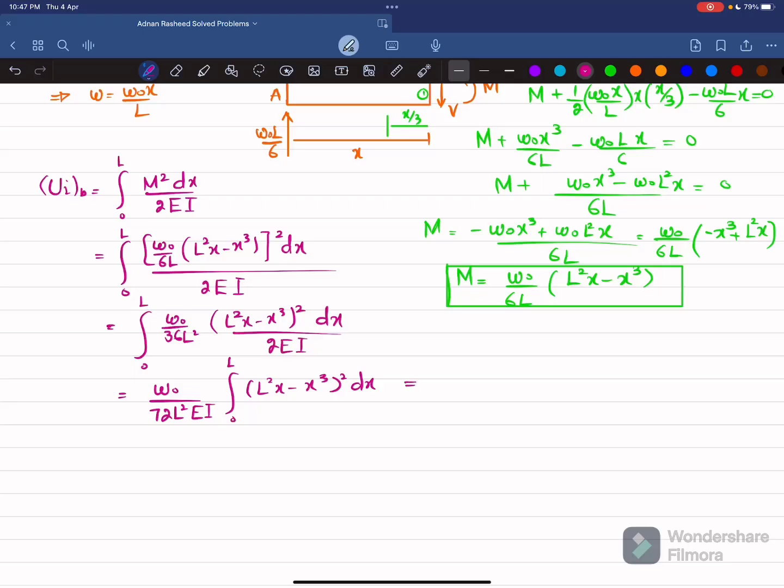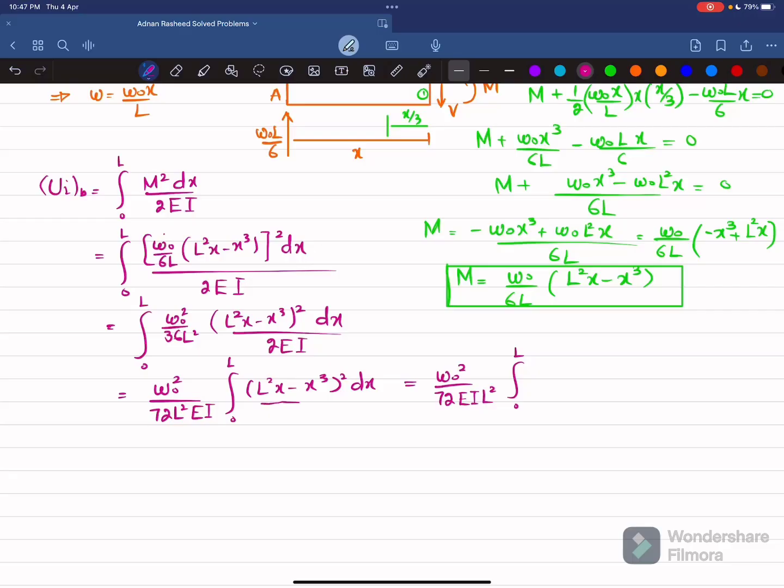Further simplified, this will be W naught square over 72 EI L square, because we are taking the square.